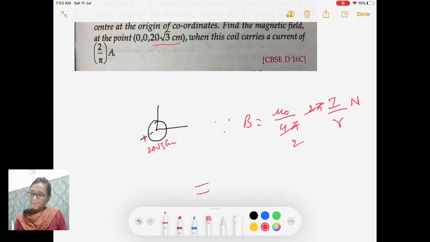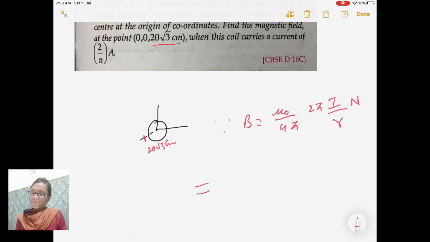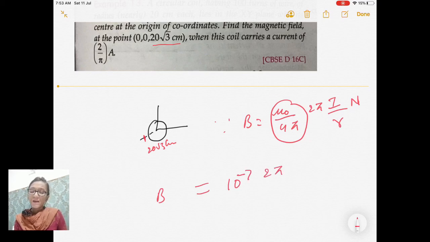Okay, it will be better to write the value of this one, that is 10 to power minus 7 into 2 pi, and I given is 2 upon pi. Distance R given is 20 root 3 centimeter.